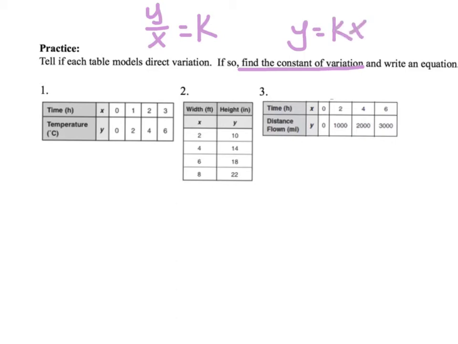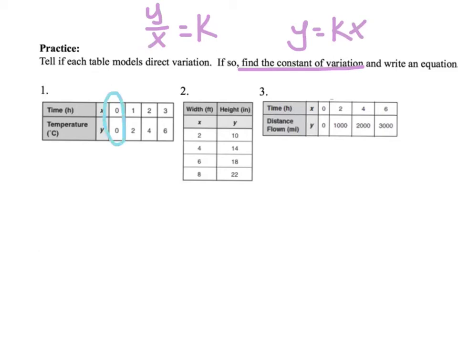Alright, so let's take a look here and let's find the ratio. First of all, one of the things that we mentioned in the first slide was that direct variation will go through the origin, which is 0, 0. So right away, when something goes through 0, 0, it is going to be modeling direct variation.